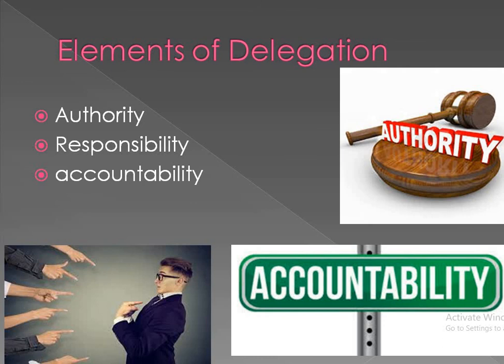The last point, authority flows downward from superiors to subordinates. Responsibility flows upward from subordinate to superior. And the last one, accountability flows upward from subordinate to superior, just like responsibility. Hope you all understood.